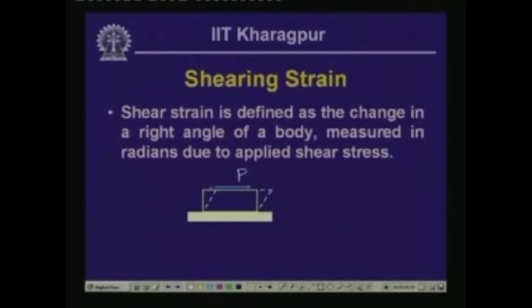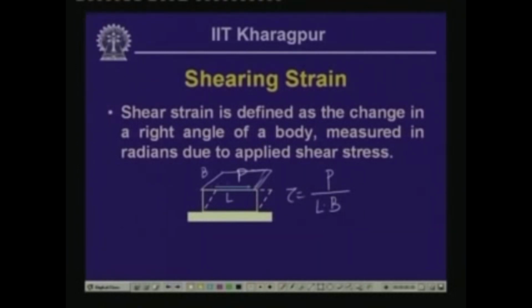Let us assume that this plane has a surface something like this, maybe this length is L, this width is B. Hence, the force acting on this plane will cause a shearing stress which is P divided by L times B. This is the shearing stress.